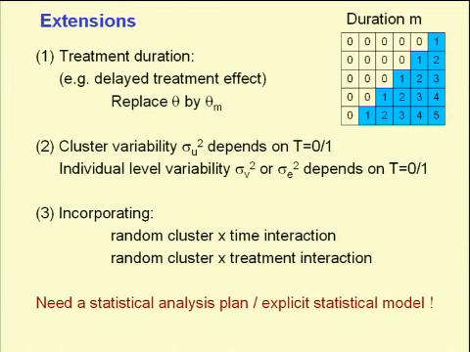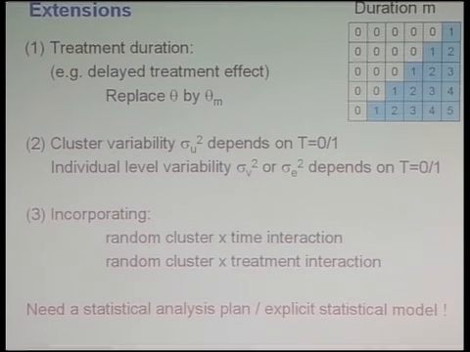That's something which has been talked about a lot in the literature. One also might make the other components of variability depend on whether you're in the treatment group or the control group. And there are many other things you could do. Modeling these things is quite complicated. In Ian White's talk on Monday, he essentially included a cluster period interaction term in these sort of models, which corresponds to a cluster time interaction in this type of model.